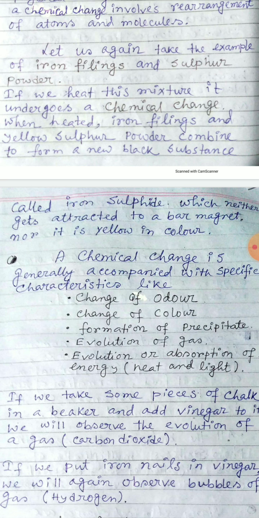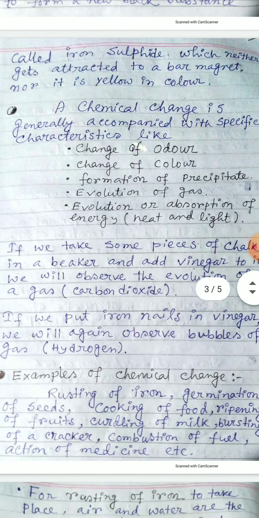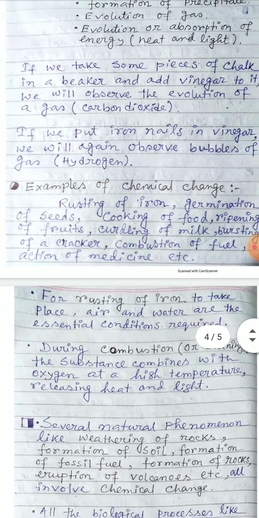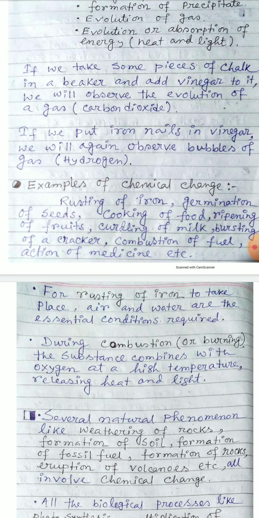Next point: a chemical change is generally accompanied by specific characteristics like change in odor, change of color, formation of precipitate, evolution of gas, and evolution or absorption of energy in terms of heat and light. If we take some pieces of chalk in a beaker and add vinegar to it, you will observe the evolution of a gas.